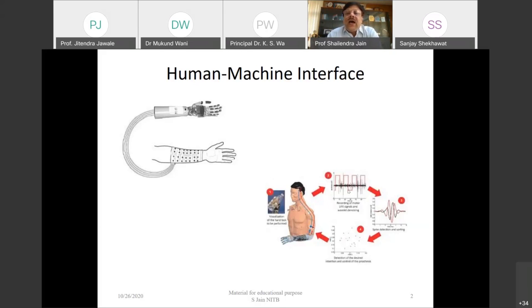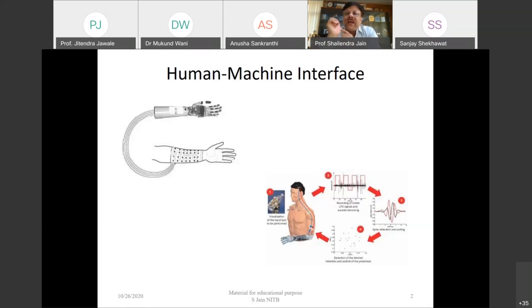These signals are filtered, then analyzed, and based on analysis, certain commands are issued for execution of a particular task. Let's see whether it is opening or closing of your wrist movement. So close your hand. This command is issued by my brain, and the action is executed by my wrist movement and finger movements. These commands are communicated through the muscle.